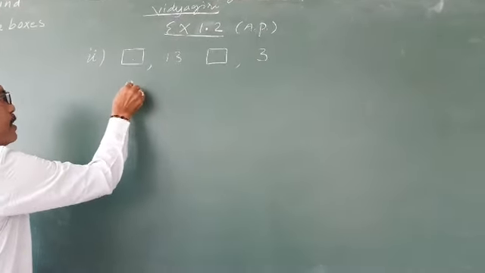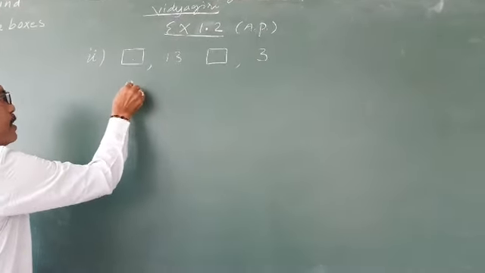Equations 1 and 2. First equation is a plus d equals 13, and the second is a plus 3d equals 3. Let us subtract.